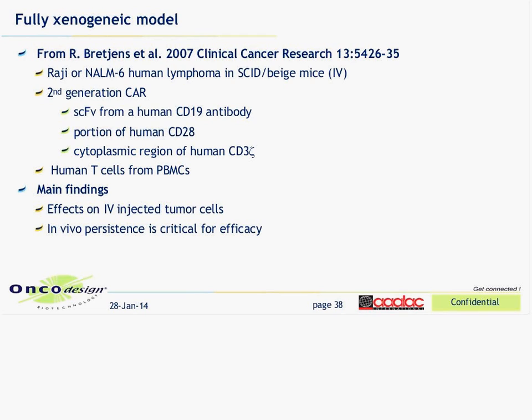The only critical finding is that they show an effect of the T cells. So the therapy is really effective, and they are also able to demonstrate a link between the persistence of these T cells in vivo and the consequent efficacy of these transduced T cells against this lymphoma.